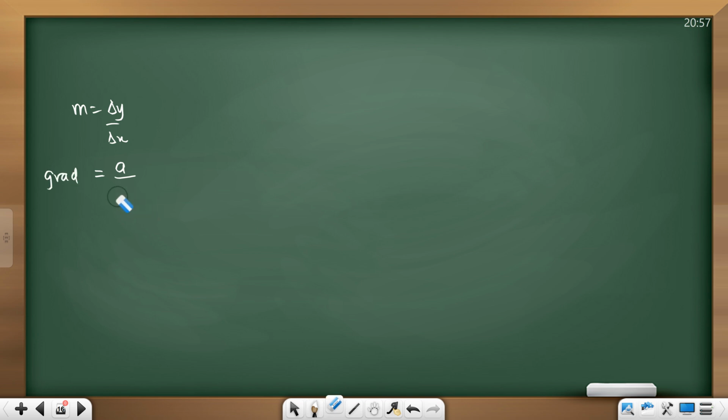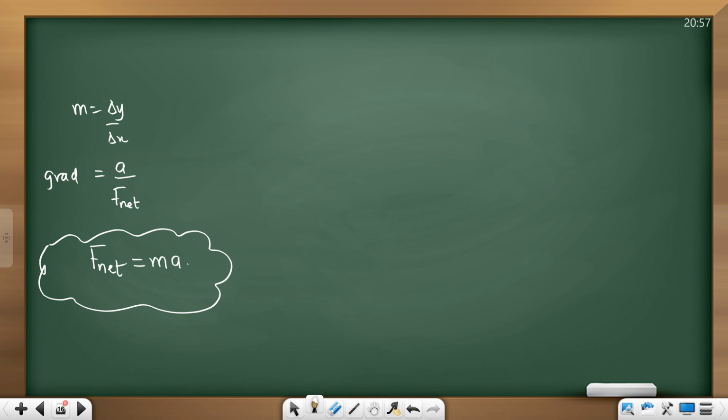I'm going to go to my formula now and see, can I get A over net force? My formula that I know says F net equals to what? MA. Let's play around the formula quickly. I'm looking for A over F net.